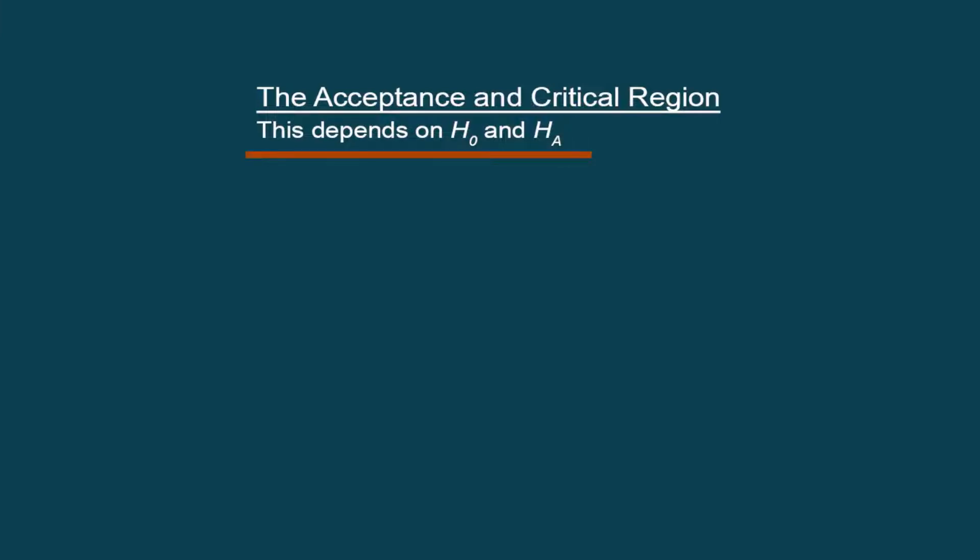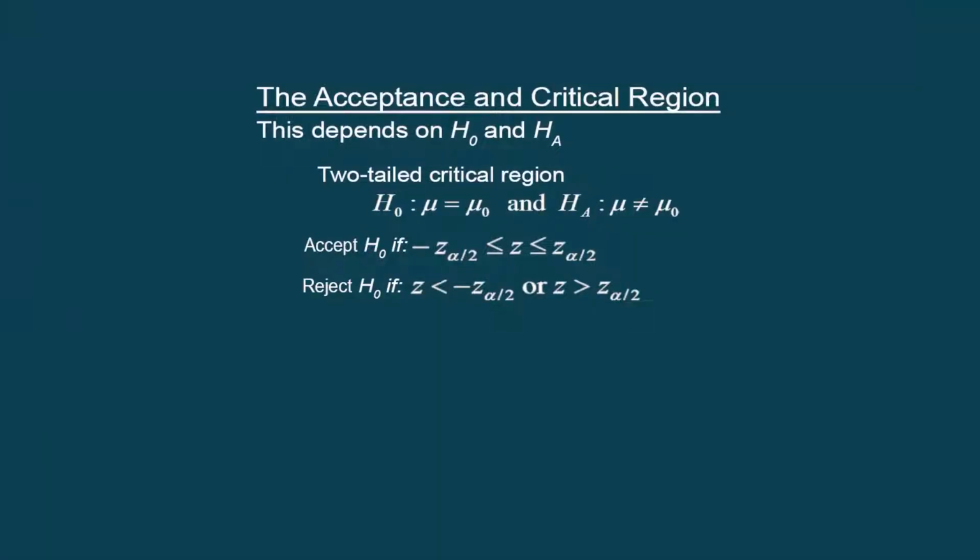Acceptance or critical region depends on two important paradigms. One is the null hypothesis and the second one is the alternative hypothesis. H0 stands for null and HA stands for alternative. Now we know that the Z distribution is a symmetric distribution, so we go for a two-tailed critical region.